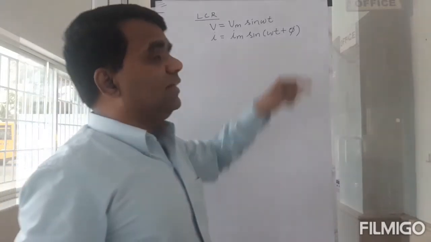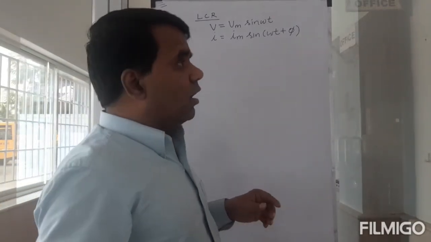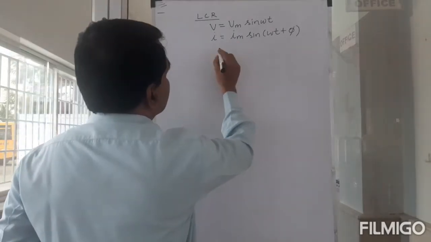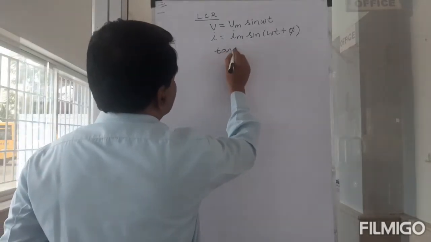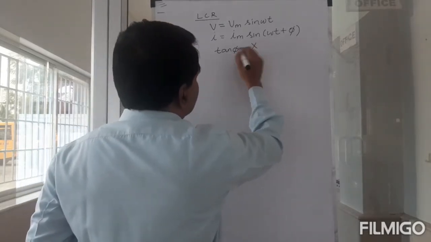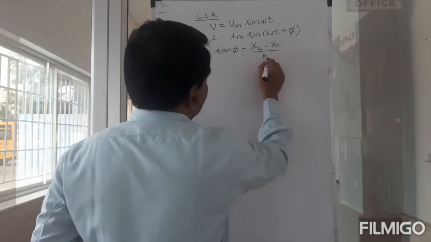Why am I using plus phi? That is because of this equation: tan phi is equal to, remember, we defined it to be XC minus XL by R.